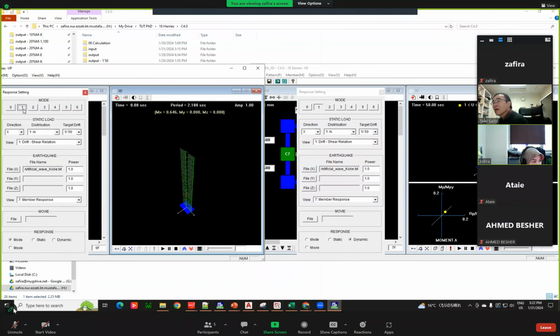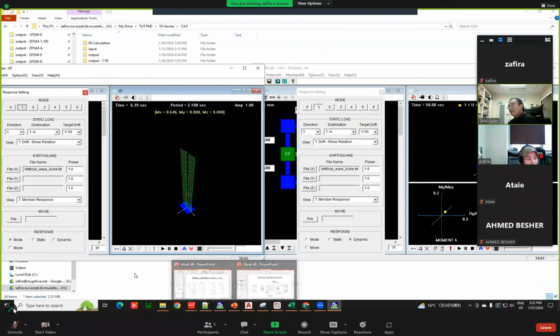Mode 1. Fine. Almost the same. Okay. But please check again whether your analysis is X direction only or not. Okay, Sensei. I will redo.